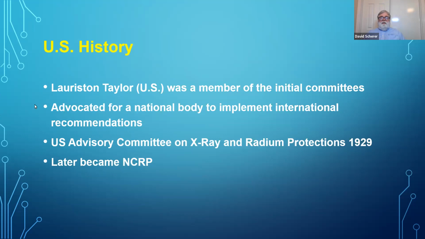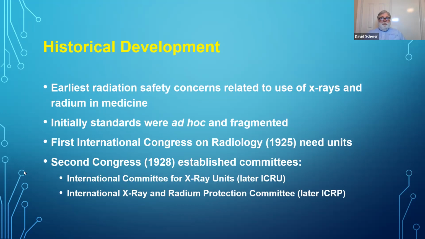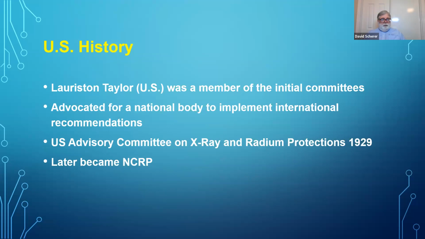In the United States, at the same time, there was a group under the leadership of Lauriston Taylor. He was also a member of the early ICRP, so he was active on the international stage, and thought it was important to have a national body to implement the international regulations in our national context.